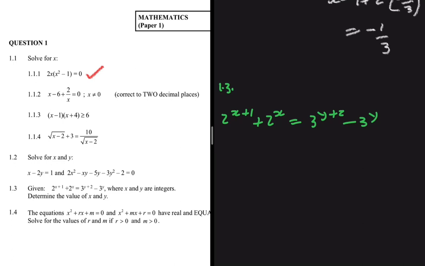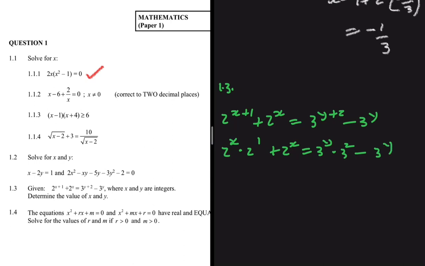of x and y. For the sake of clarity, let's expand this so I can show you something. 2 to the power x plus 1 is the same as 2 to the power x multiplied by 2 to the power 1, and then plus 2 to the power x. This is equal to 3 to the power y multiplied by 3 to the power 2 minus 3 to the power y.